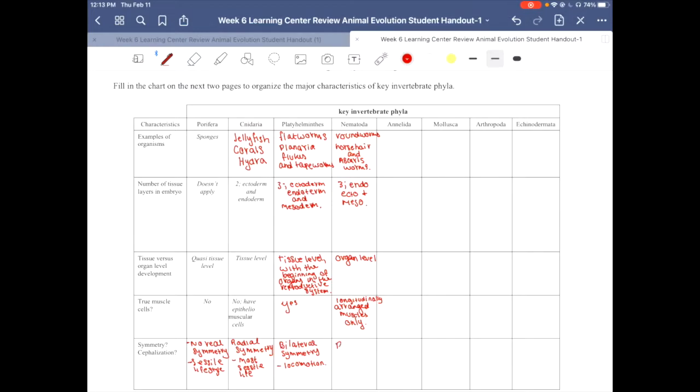And they are also going to have bilateral symmetry with locomotion.